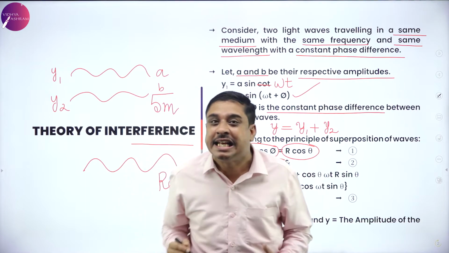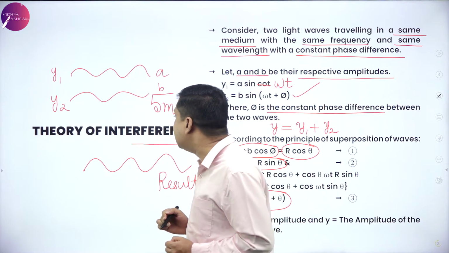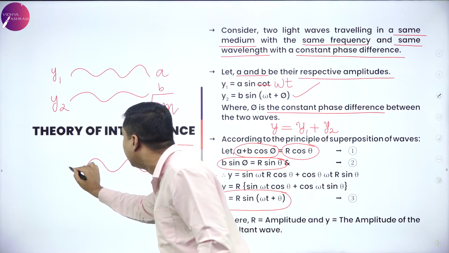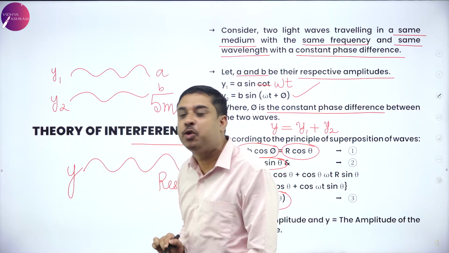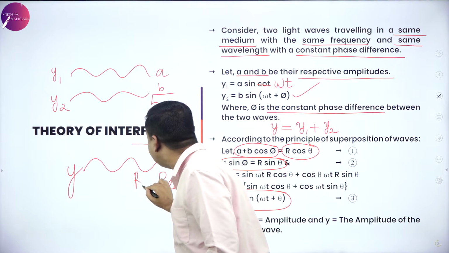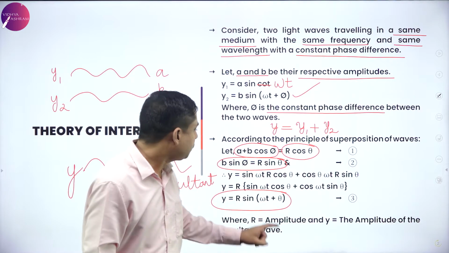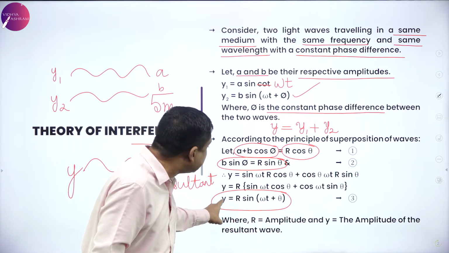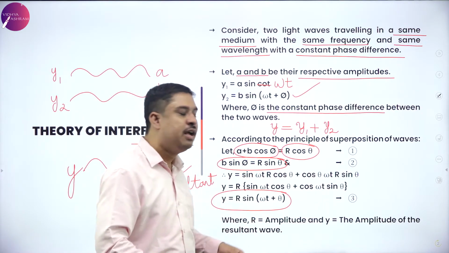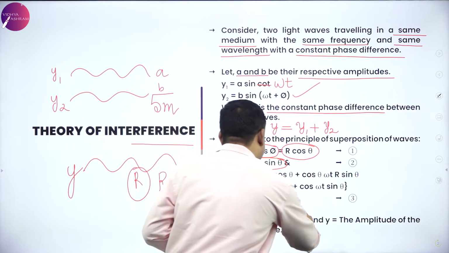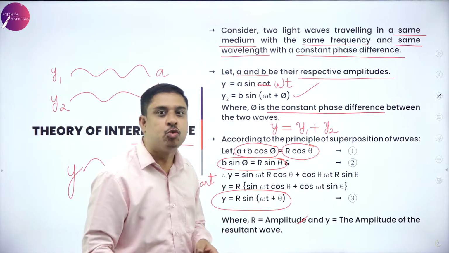This is the resultant of the superposition of these waves, which will have a resultant displacement y and an amplitude R. So here y is the displacement of the resultant wave and R is the amplitude of the resultant wave.